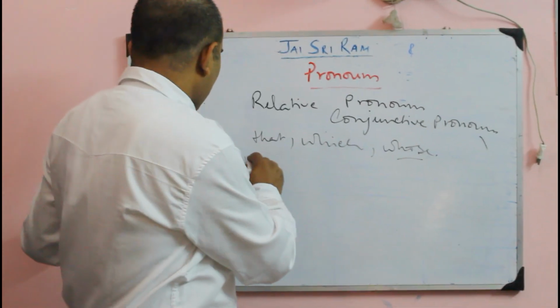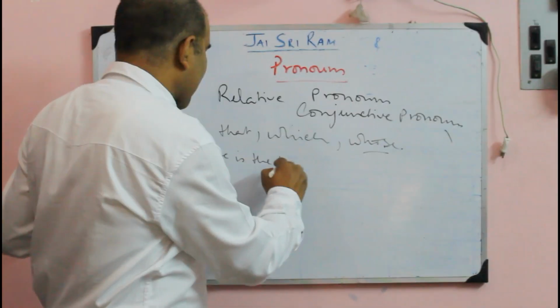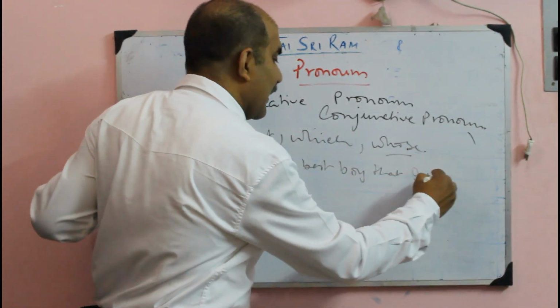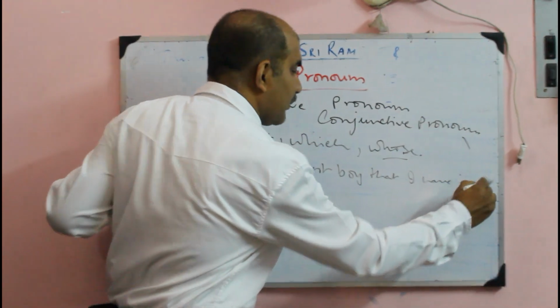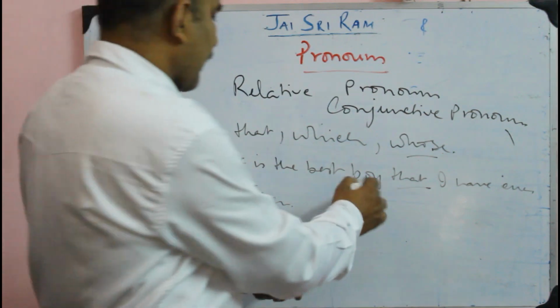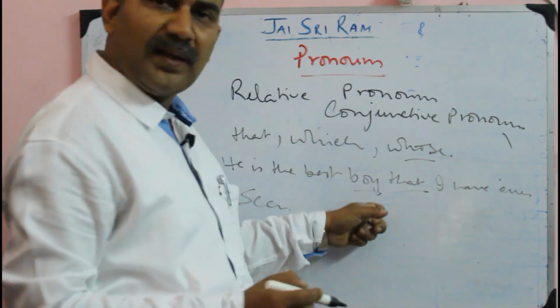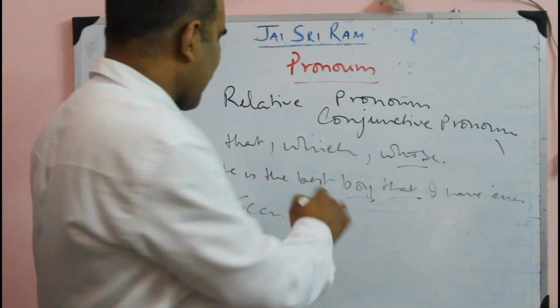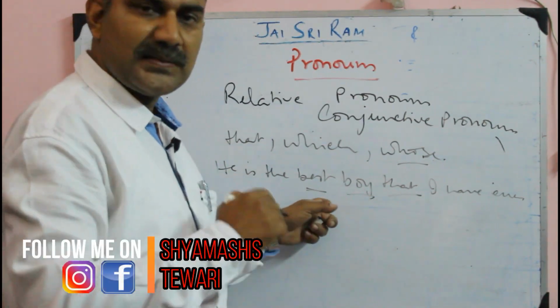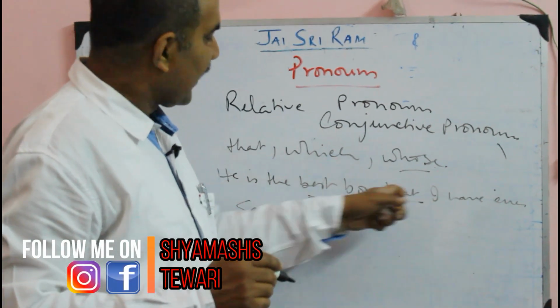He is the best boy that I have ever seen. In this case the relative pronoun is that. We normally do not use that after a living thing. Boy is a living thing, but when the noun is preceded by the word best, we have to use that.